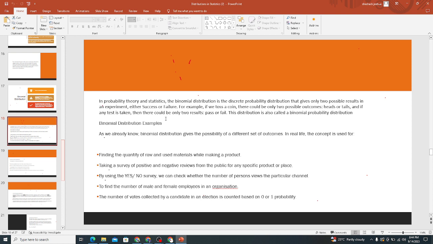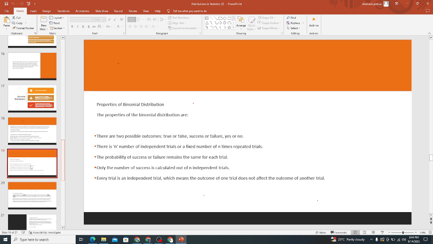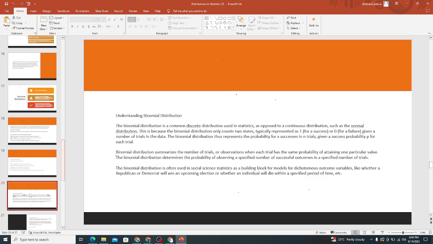Or in an organization, we can categorize in terms of gender, male or female. Also in survey questions we have yes or no. We only have two possible outcomes. If it's not a yes, it is a no.